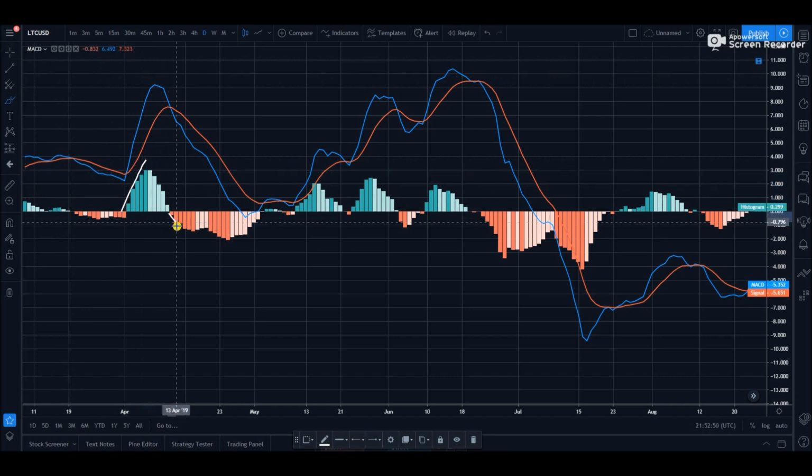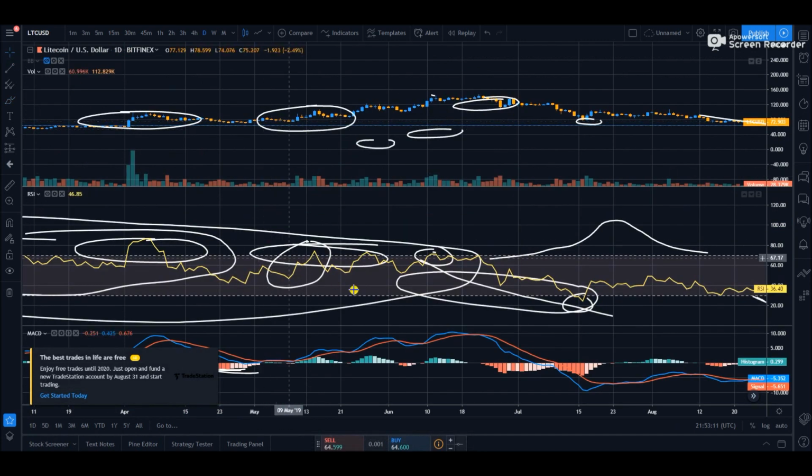And when it's going to the red side, that means the price is most likely being sold, like the RSI. The higher this is, the more money that's going up in the stock or crypto. And when it's going down, the lower it goes, the stronger the price is going down. So let's just see an example.